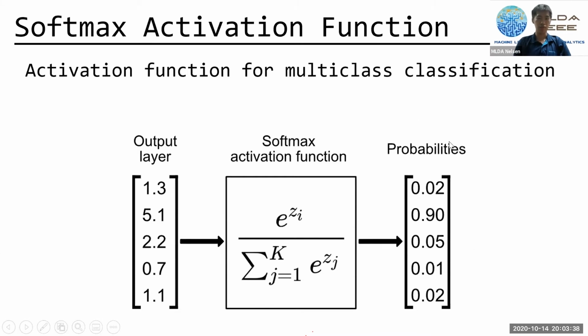Then you will get probabilities, and the total of the probabilities will be 1. So if you have an input image, you put it inside the convolutional neural network. Once it has been trained, you hope to get the highest probability for the correct class of that image. That's the main idea of the softmax activation function. It is an activation function meant for multi-class classification.